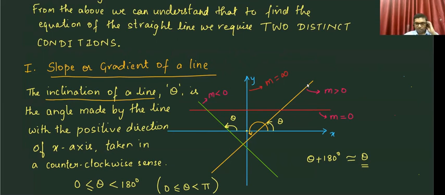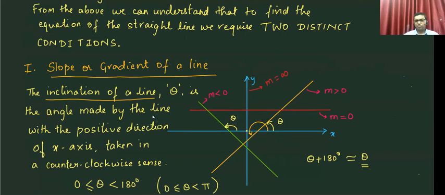Any line which makes an acute angle with the x-axis will have positive slope. Any line which is vertical will have undefined or infinite slope, and any line which makes an obtuse angle with the x-axis will have a negative slope.